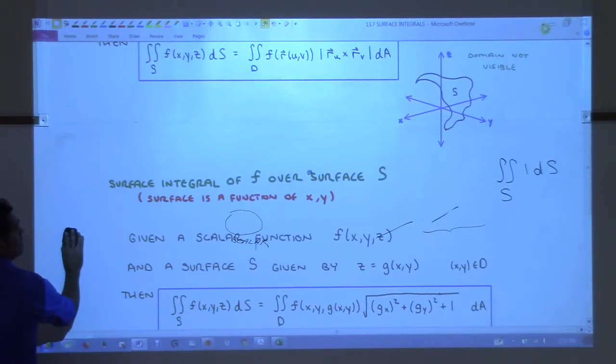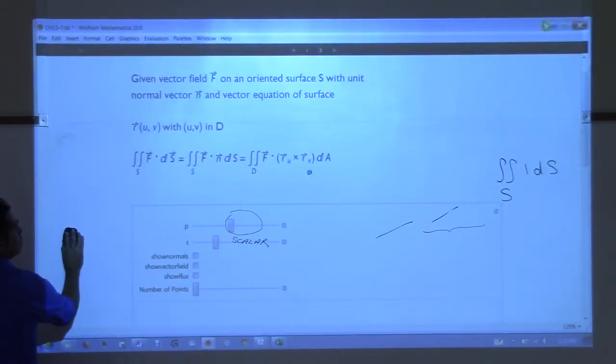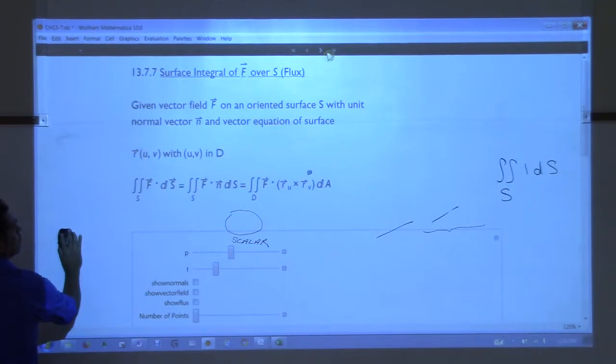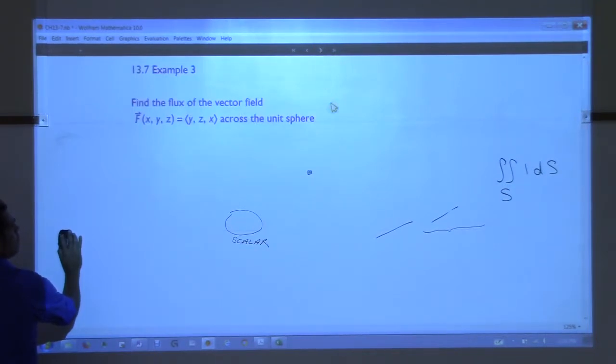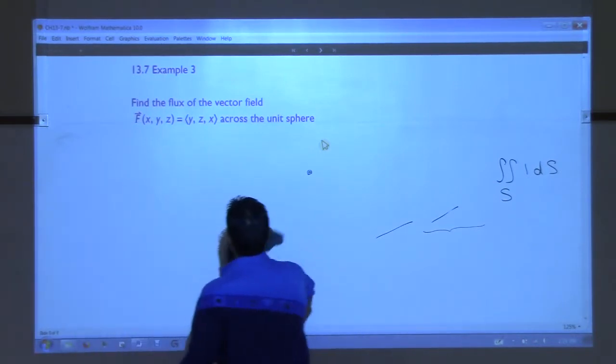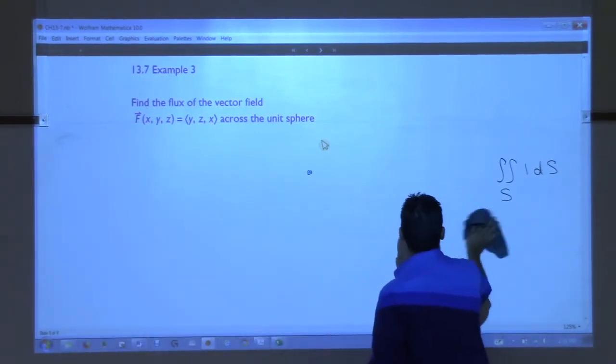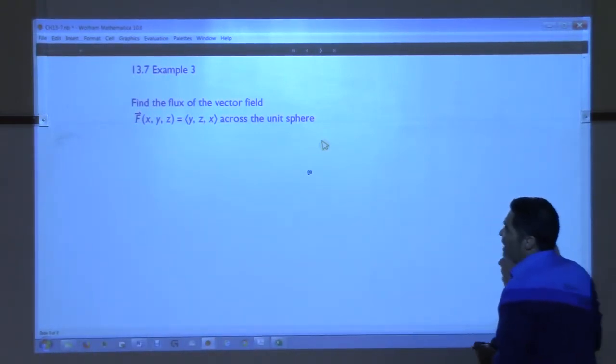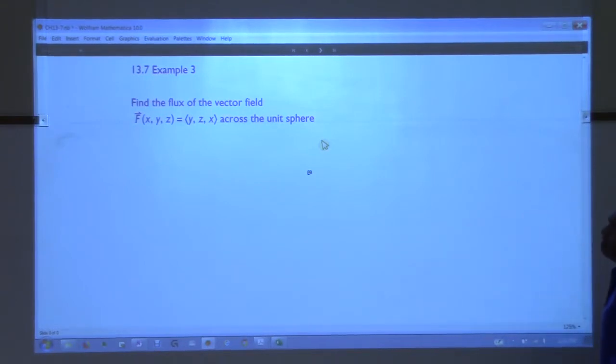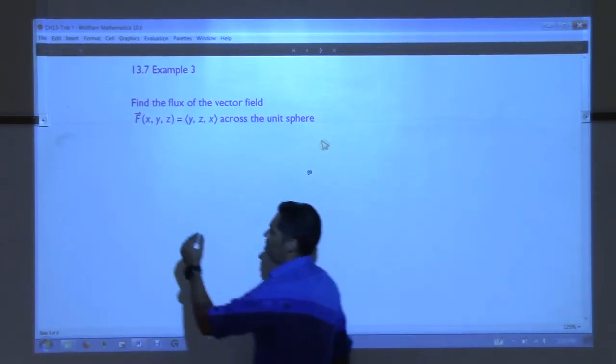All right, let's do an example. We want to calculate the flux of the vector field yzx across the unit sphere.